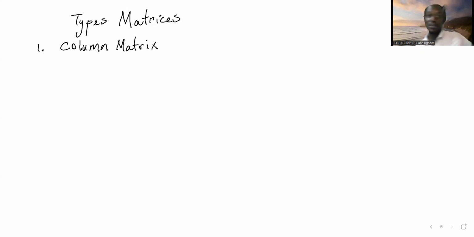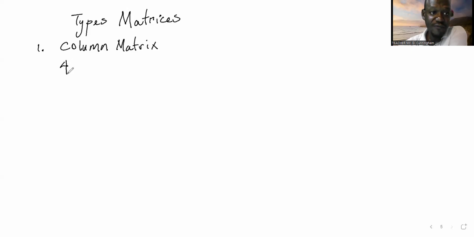Okay, so good. So the column matrix, as the word suggests, will consist of a single vertical array of numbers. So let's go.